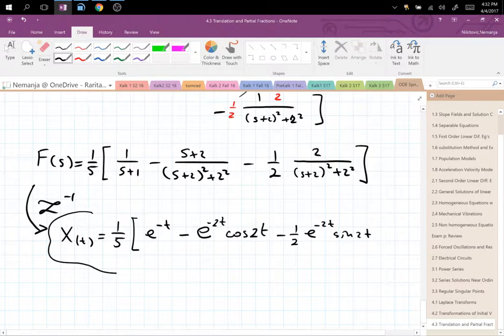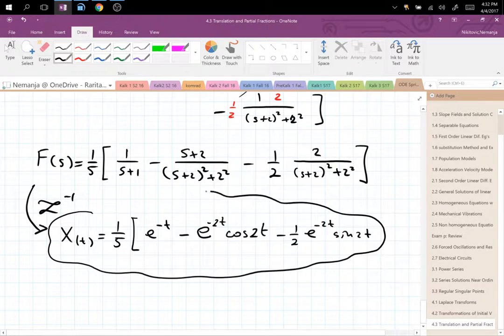And there it is. That's the answer. Everything is multiplied by 1/5 in front. You can distribute, you can leave it. You gotta chase these values around and see what's where.